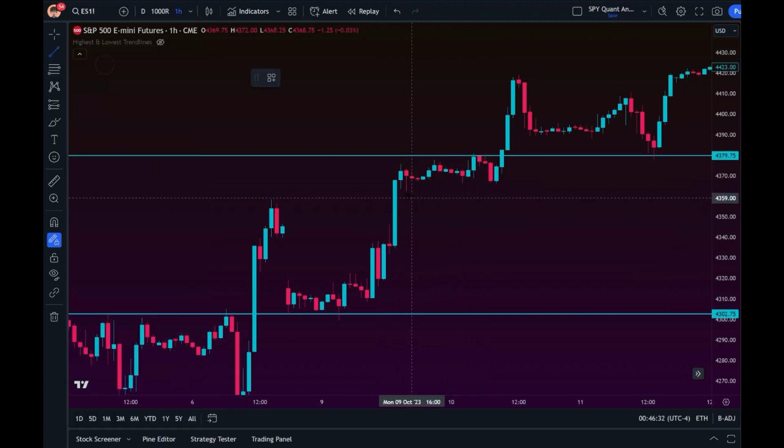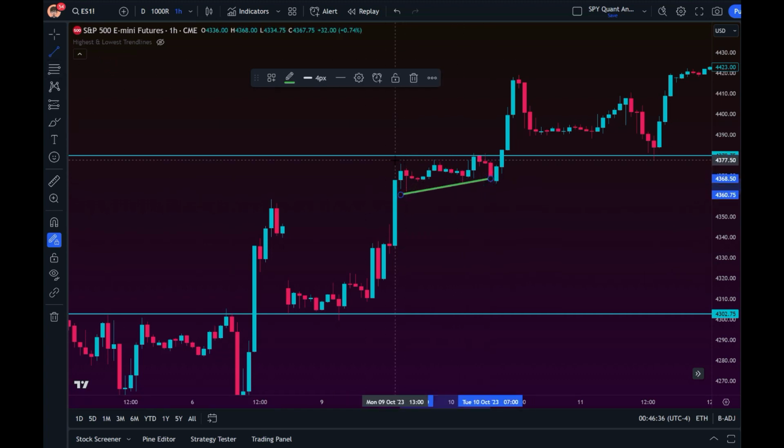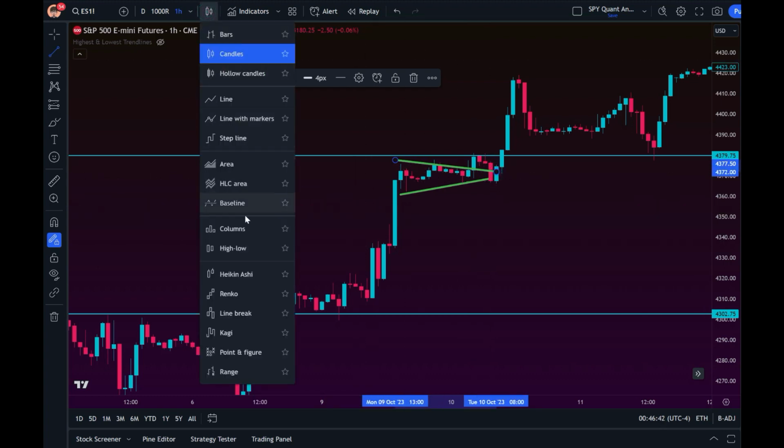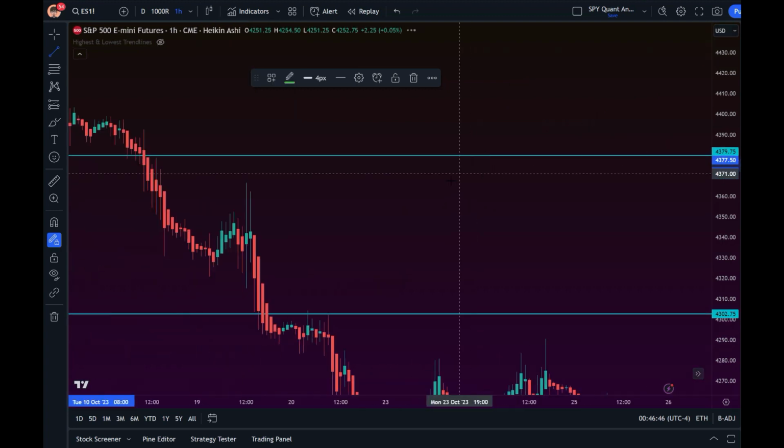All right, so here is a really messy potential bull flag. It's a very elongated bull flag, but let's just see what Heikin Ashi has to say about it.